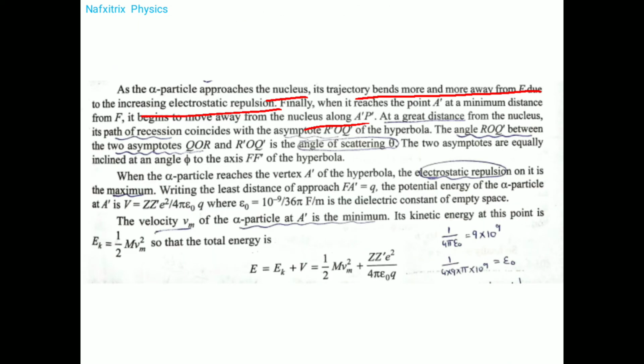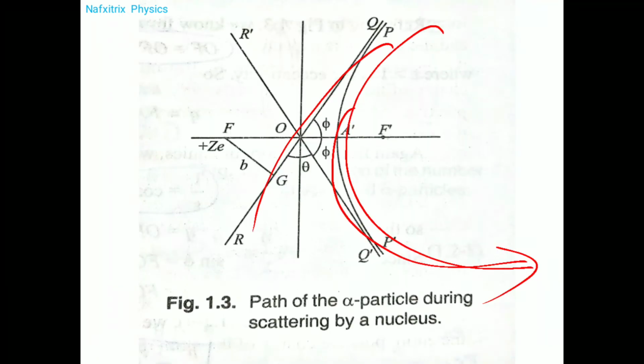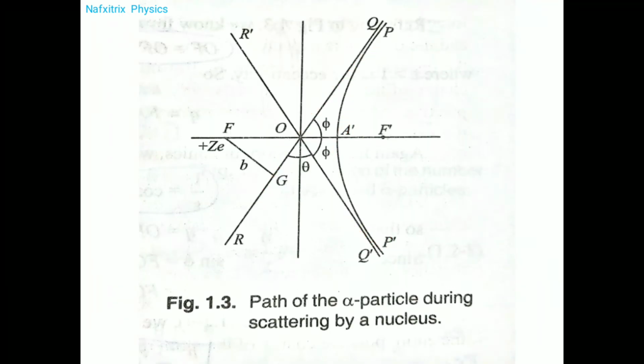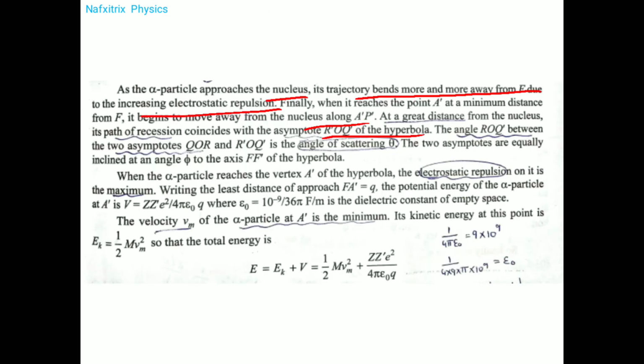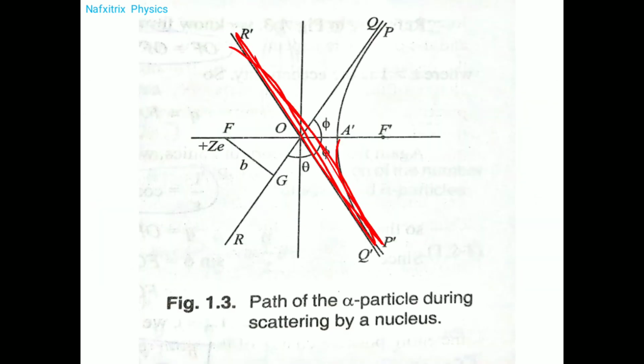It is coming and moving back with the asymptote R'OQ' of the hyperbola. For this path A'B', the tangent at this point is this asymptote. So R'OQ' is the asymptote of the hyperbola. The angle ROQ' between the two asymptotes is the angle of scattering.